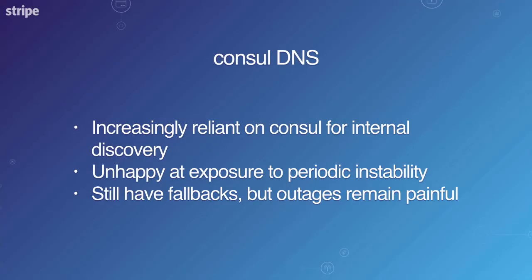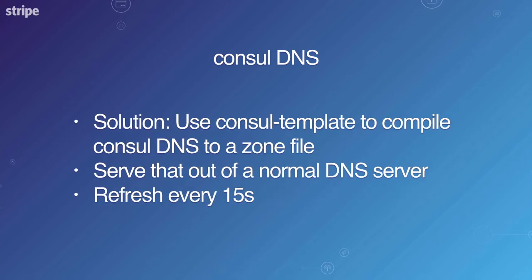So we were pretty happy with the state, but periodic instability was painful. We designed our systems so that, as much as possible, outages didn't bring the site down, but they were still causing pain and lost sleep for operators. So the next step for us was we developed a Consul template file that would compile the entire Consul DNS registry, Consul has a DNS namespace, into a zone file.